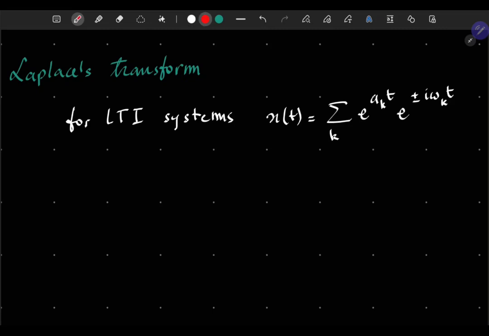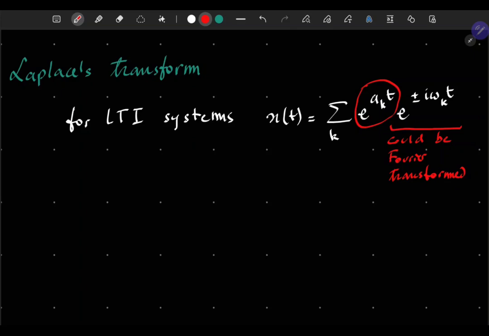Now, this part could be Fourier transformed, by a bit of a stretch, using distribution theory. But the term here might be a bit of a trouble because it doesn't really behave as well as we require for the Fourier transform to work.